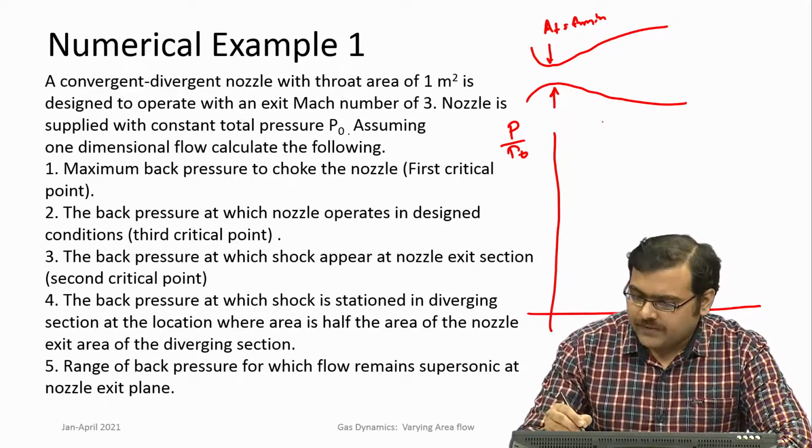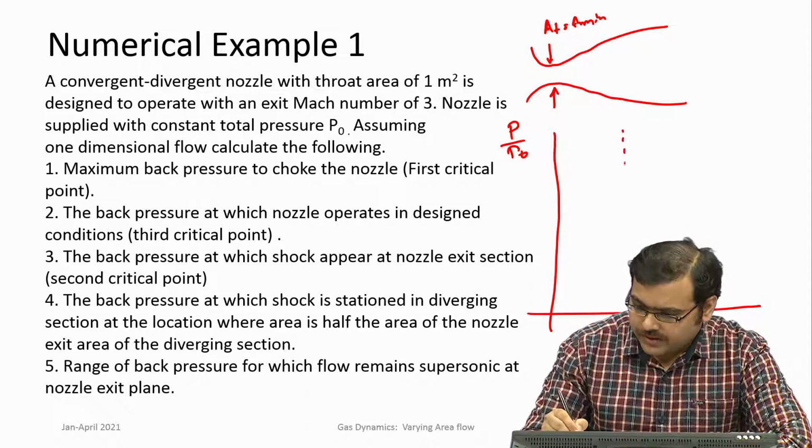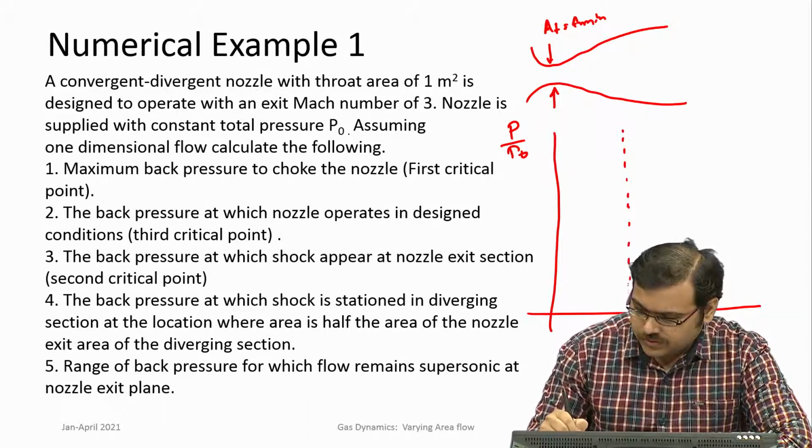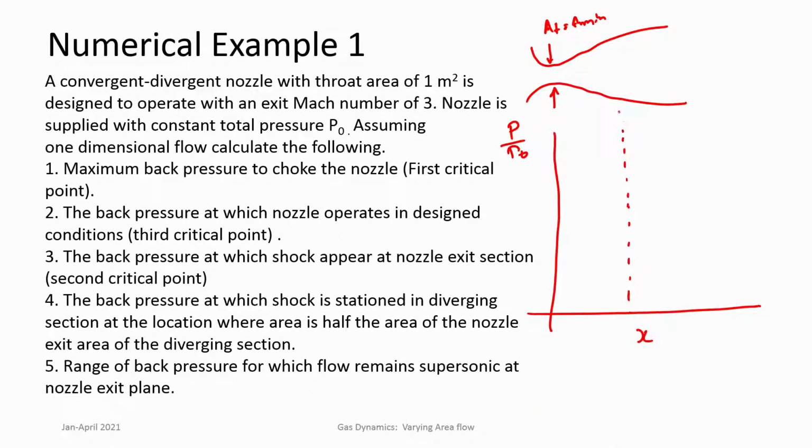So this point, let us say, corresponds to the location of the throat. So A_T is located here and A_exit is located here, and this is P by P naught equal to 1.